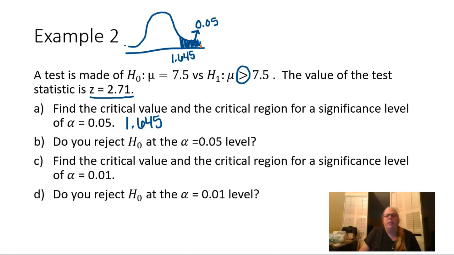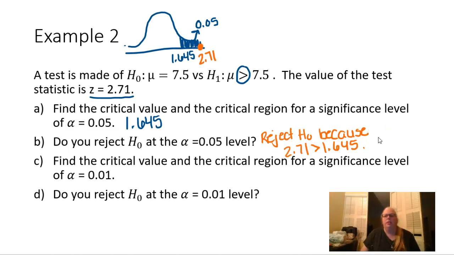And we can see that it's going to fall somewhere back here, in the blue shaded region, because 2.71 is actually greater than 1.645. So yeah, we are going to reject the null hypothesis. For part B, we reject the null hypothesis because our test statistic, 2.71, is greater than the critical value we found, 1.645.